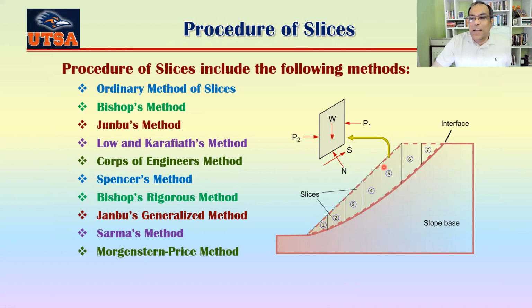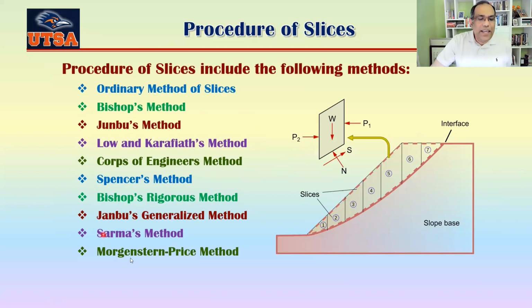That's the reason we usually use the procedure of slices. Now, there are some definitely complex situations because you might have interslice forces, and finding that out could be a little difficult, okay?